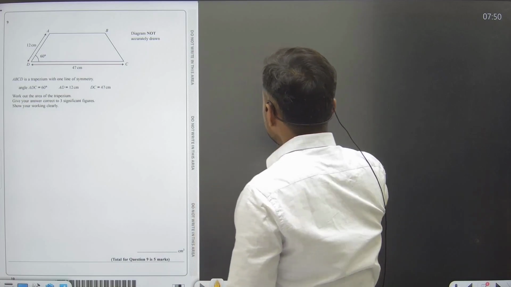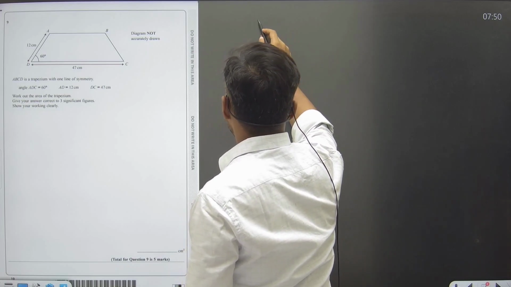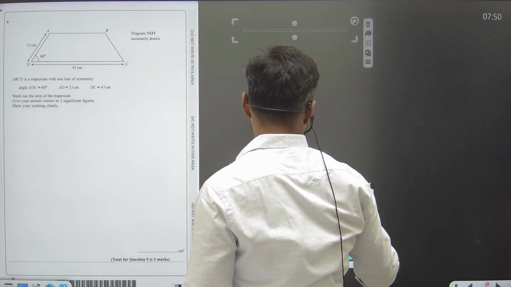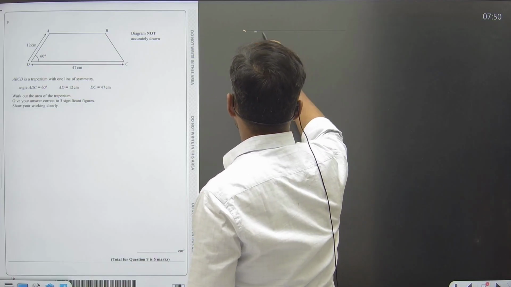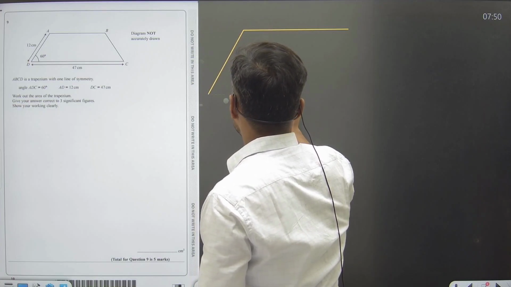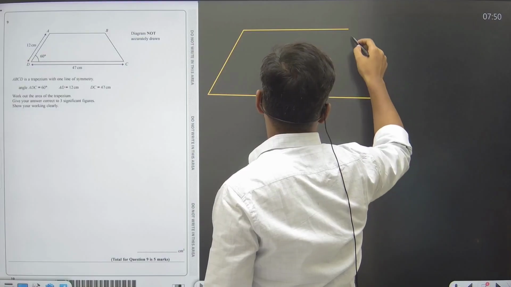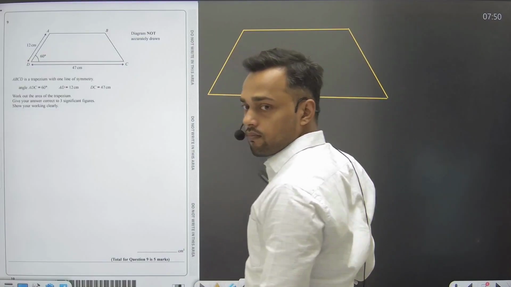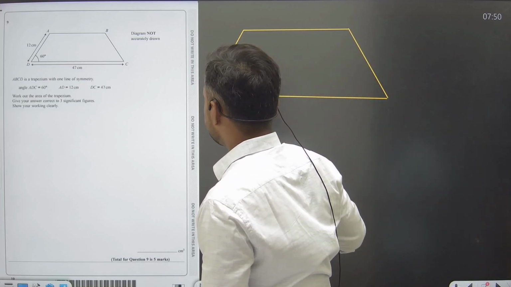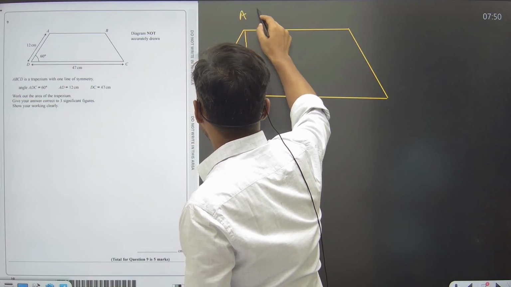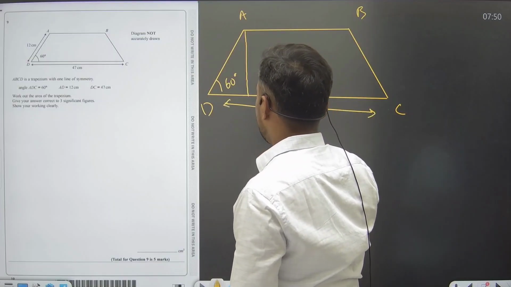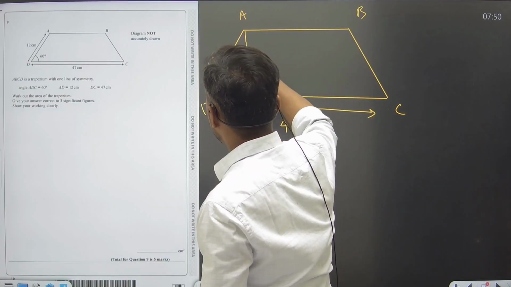Okay, so this is our 60 degree, this is A, this is B, this is C, and this is D. 47 centimeter. Here it is 12 centimeter, student.